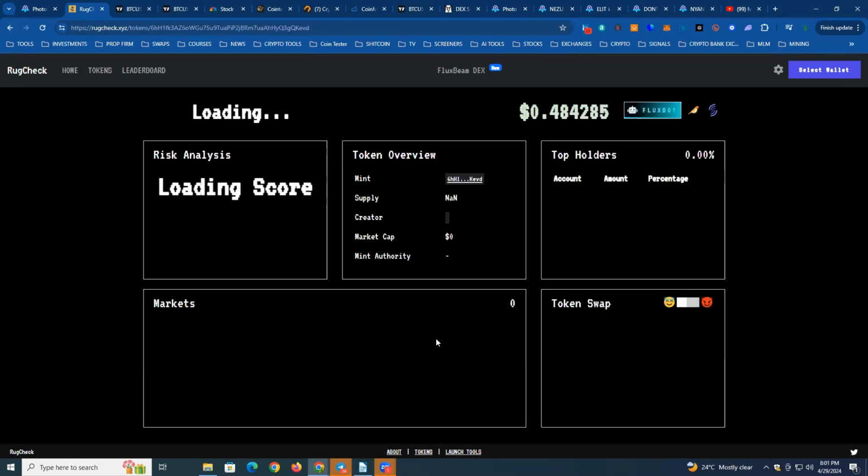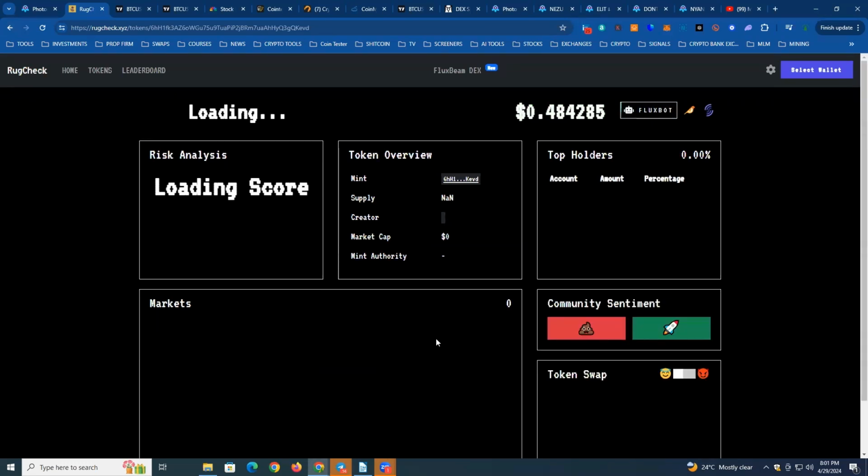and do a quick check on it and see what rug check will tell you about the coin. This one is loading rather slow. Some coins will pass the test, others will not. Once you see anything wrong with a coin, I would tell you don't go against the rug check.